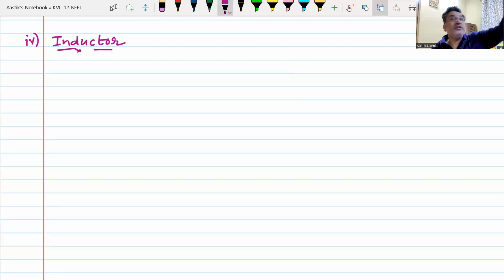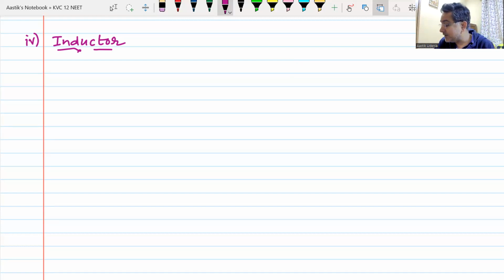All the devices that you see around you are a combination of these three gentlemen. It could be a resistor or a capacitor or an inductor or a combination. Anyways, since we have come to this stage, we must also do this, and we can also do questions, and we can wind up Kirchhoff's law once and for all.